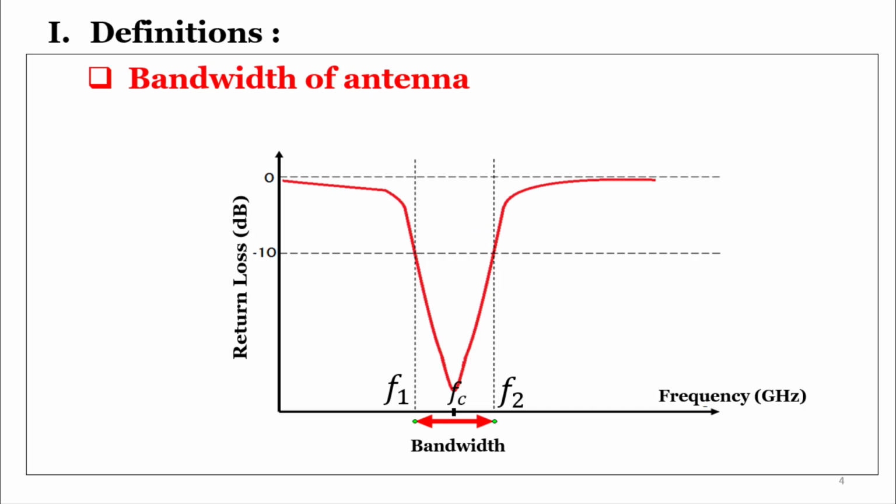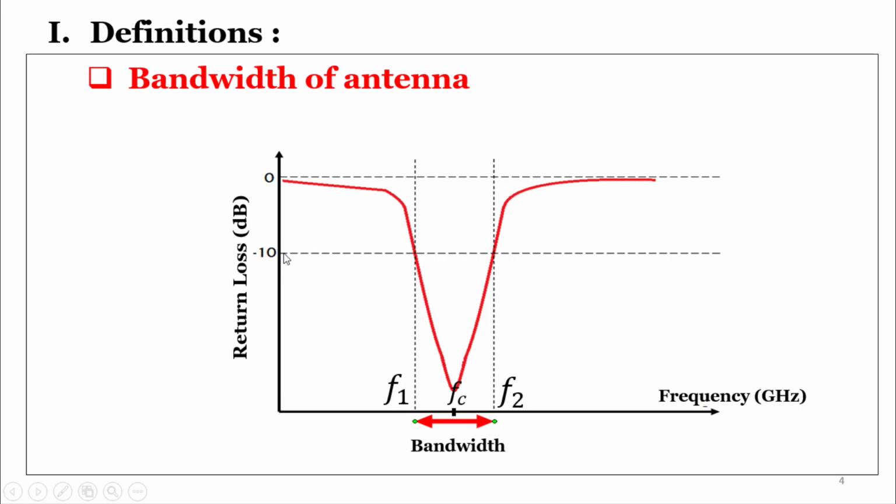So how can we determine the bandwidth of an antenna? To determine this bandwidth, we need to represent the return loss in decibels as a function of frequency. To talk about the bandwidth of antennas, we need a return loss inferior to minus 10 decibel.